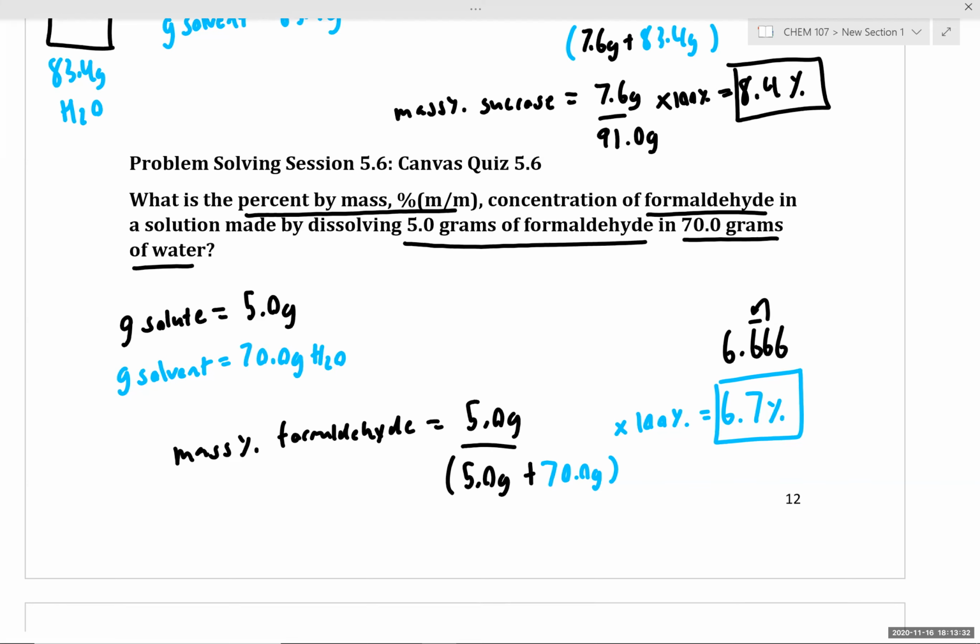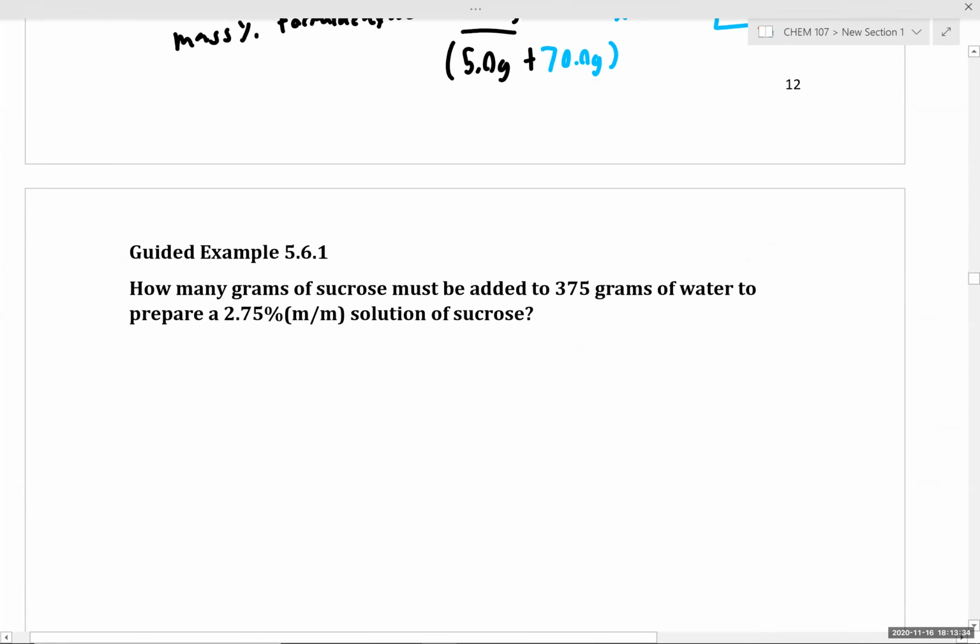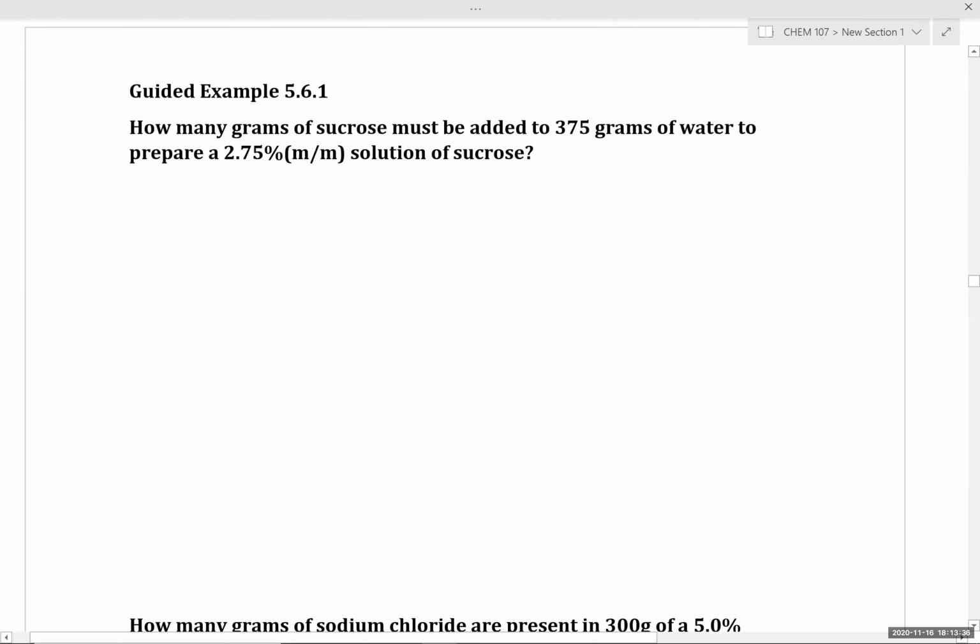Perfect. So let's keep going now. Let's look at another example where we're asked how many grams of sucrose must be added to 375 grams of water to prepare a 2.75% mass over mass solution. So the first thing that we have to do is write out our equation.